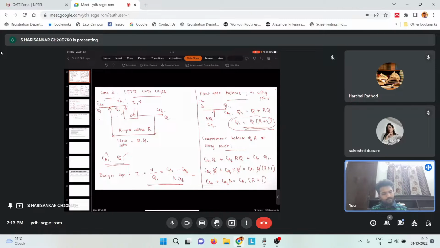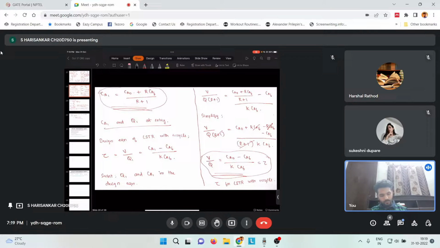These two equations, this Q is equal to Q into R plus 1, as well as this equation, sorry, here, this CA1 is equal to CA0 plus RCAF by R plus 1. This will be the same for both CSTR as well as PFR.